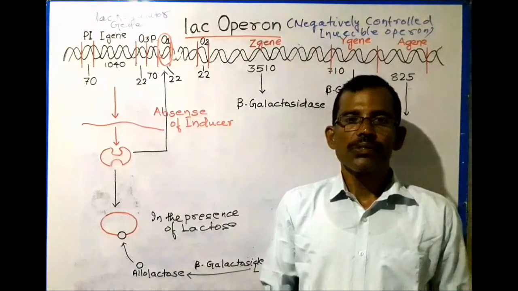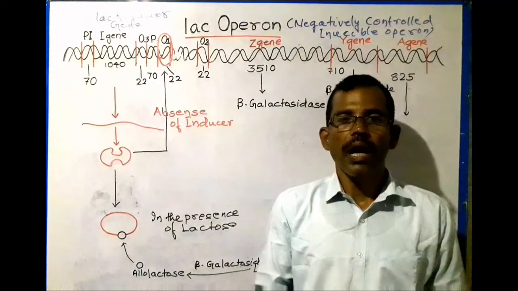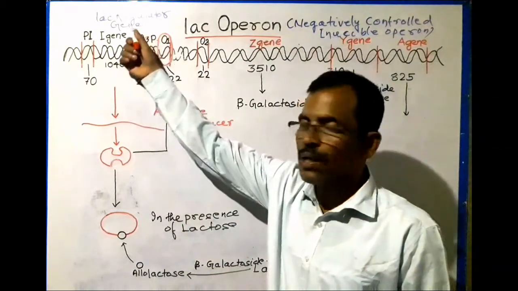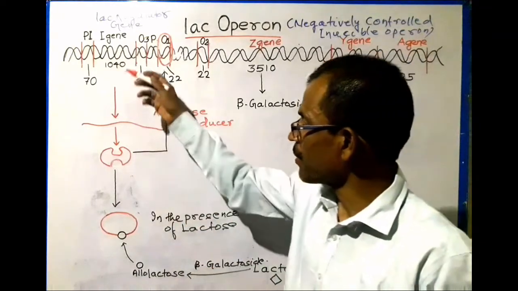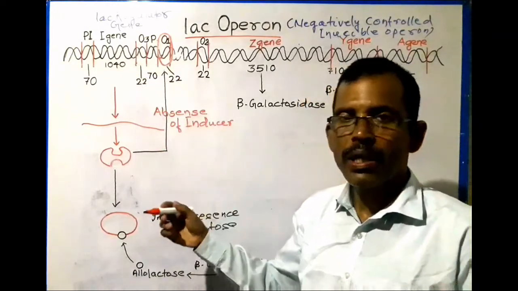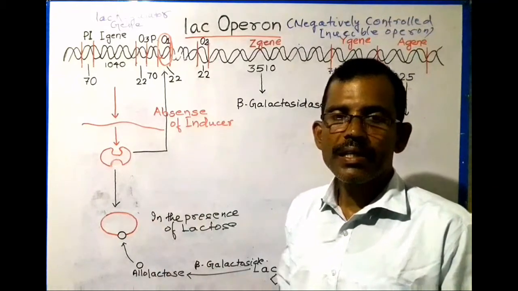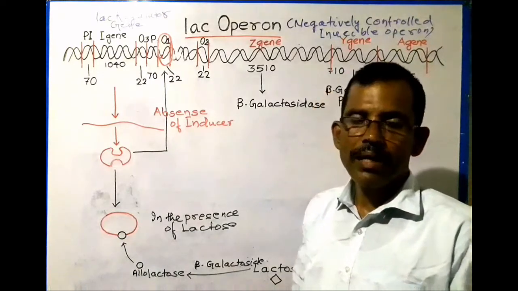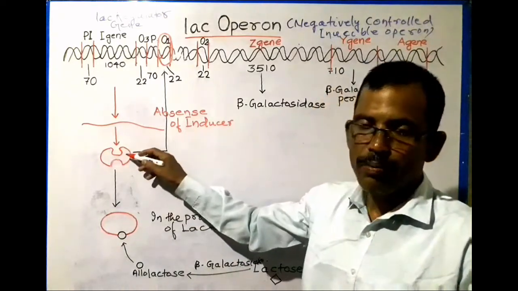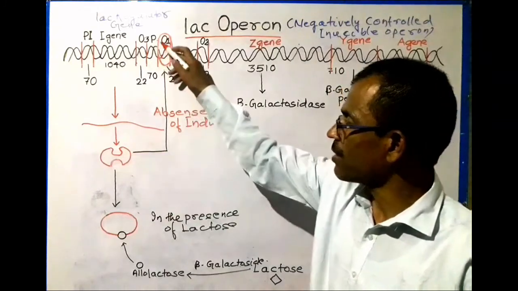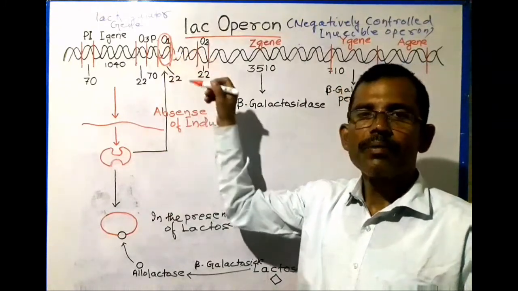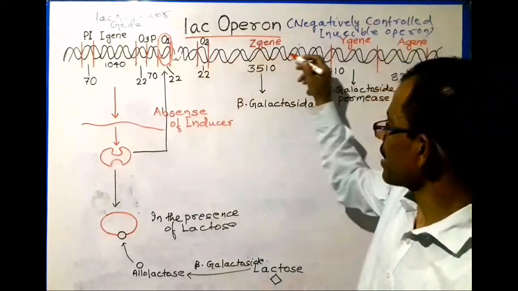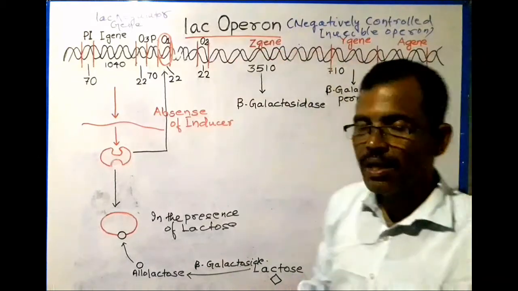Now we shall see as to how lactose induces the LAC operon. As you already know, there is a regulatory gene, and that regulatory gene encodes a protein known as repressor protein. The active form of the repressor is a tetramer. In the absence of lactose, this tetrameric form of the repressor binds with the operator region, thereby preventing the enzyme RNA polymerase from catalyzing the transcription of these structural genes.